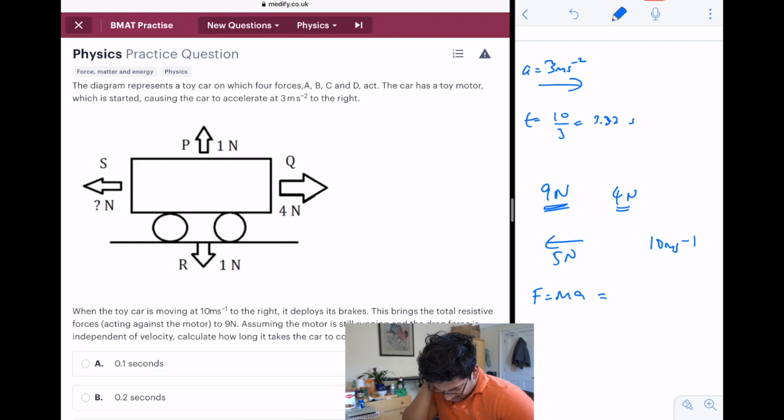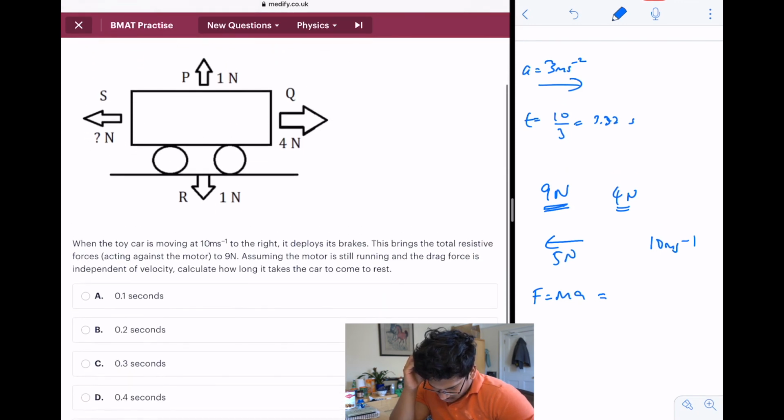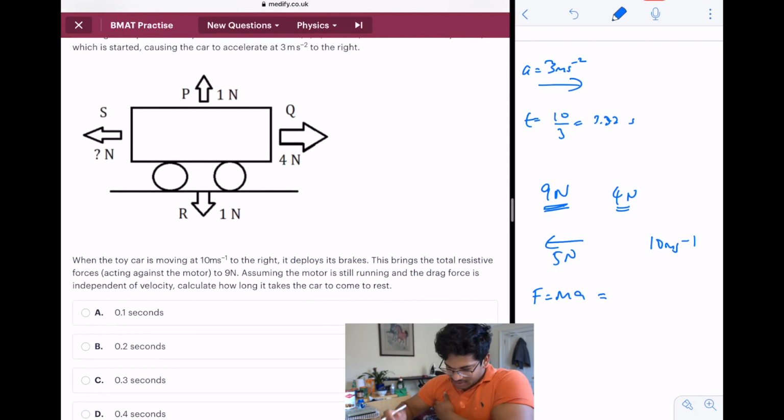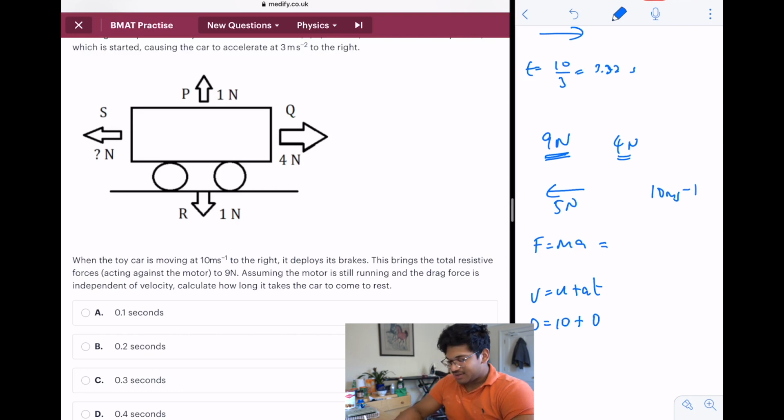The brakes and the drag force add up to 9. I'm trying to think which equation I'd use. F equals mv over t. No, this might just be some SUVAT sort of question. So v equals u plus at. So the starting velocity is 10. This equals 0 plus... What's the acceleration? I can't work out the acceleration.